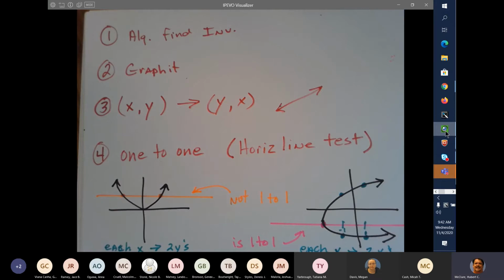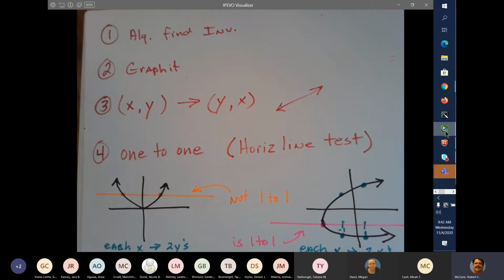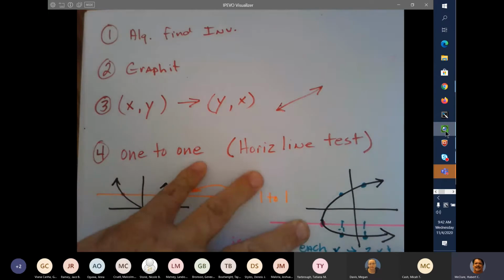Well, I think I got it backwards. For each y, I have 2 x's. And for each x, I have 2 y's. Sorry about that.